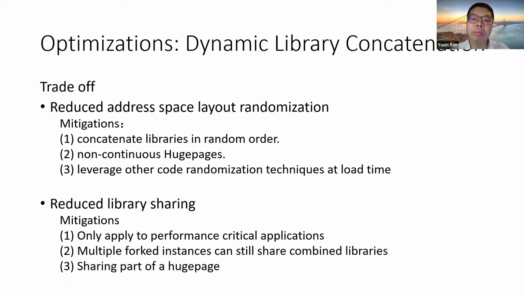However, this approach has some limitations. By combining sections into a continuous one, we might reduce the entropy of address space layout randomization. To mitigate this impact, we have some options. For example, we can concatenate libraries in random order.